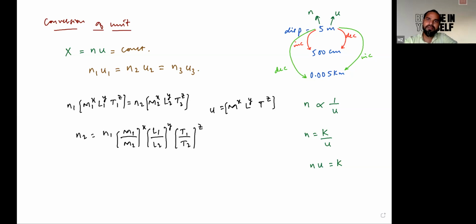So we have derived a relationship to find the numerical value from one system of unit to the other system of unit. Or simply, it is a way to convert the numerical value from any one system of unit to any other system. Is it clear to everyone?